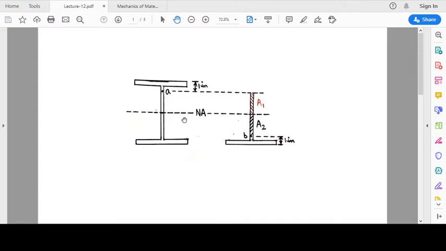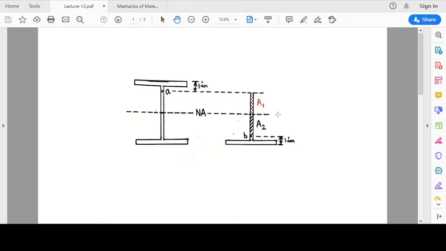So the moment produced by area vector A1 and the moment produced by area vector A2 about the neutral axis of the complete cross section are going to have the same magnitude, and both are going to be in opposite directions, so they are going to cancel the effect of each other.